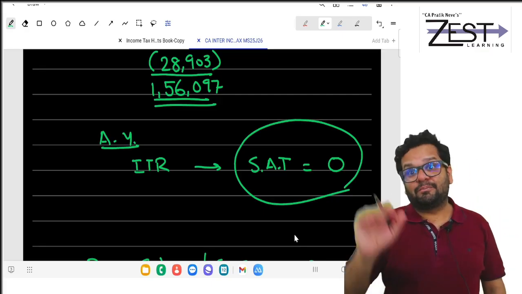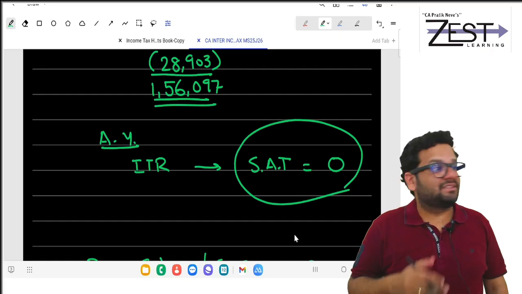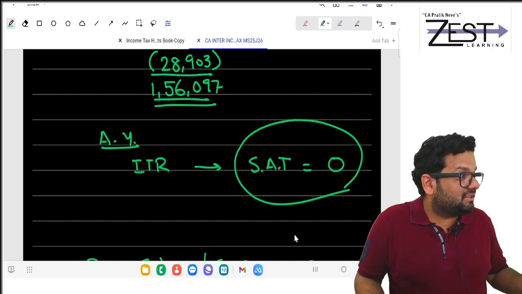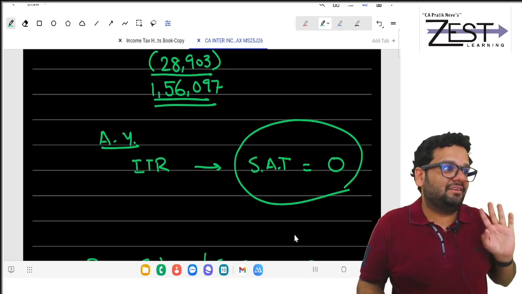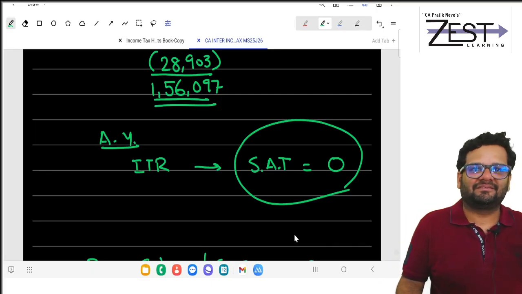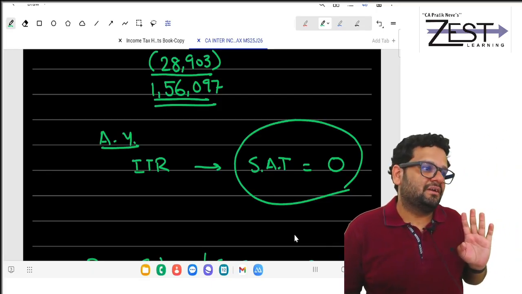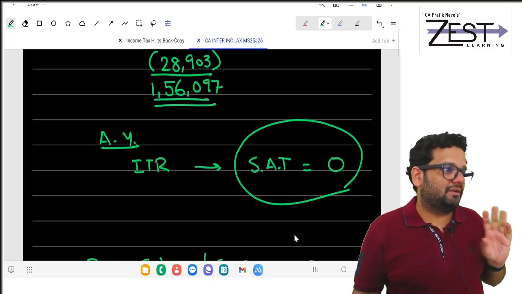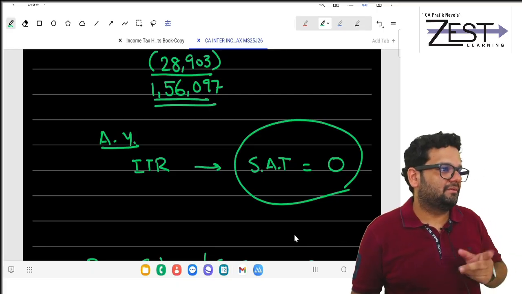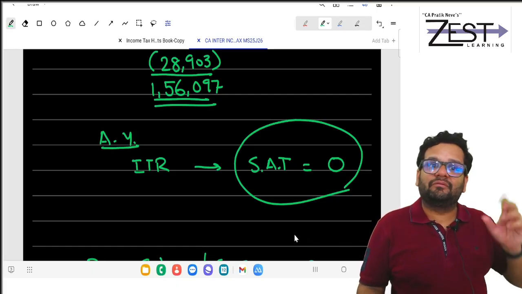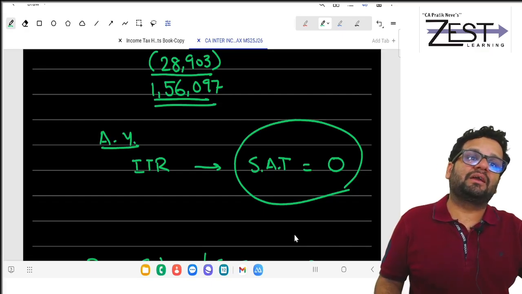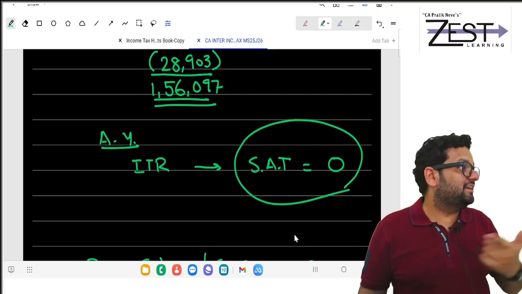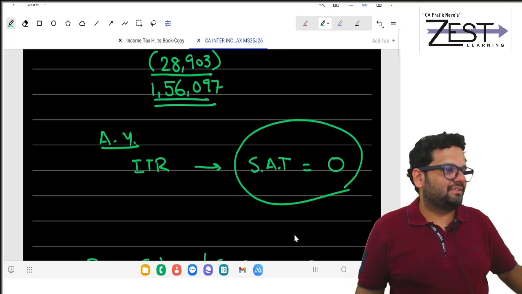But if this employee has some capital gains, some house property income, and he does not tell this to his employer, then he can have SAT. So in today's day, after COVID, everyone was investing in stock market till yesterday, right? Till this fall. So everyone was having some type of capital gain, capital loss because of dealing in shares of listed companies.